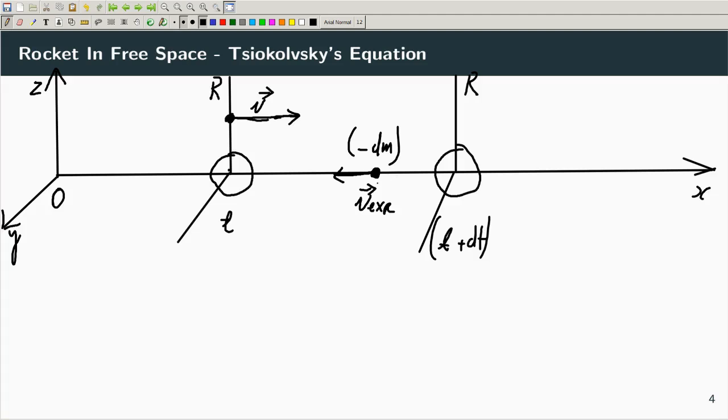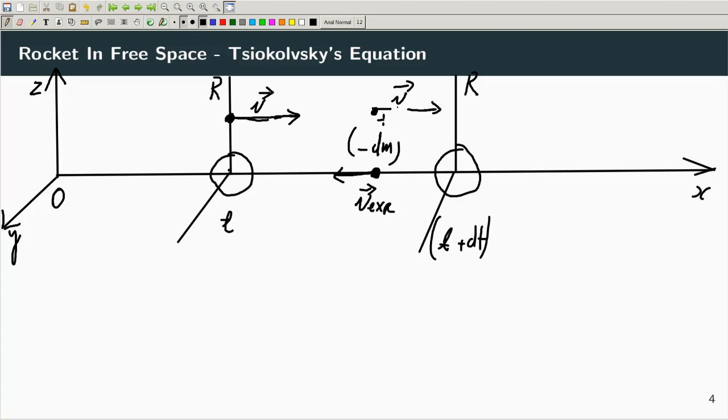The exhaust mass dm in our frame of reference has an initial forward velocity, from being in the rocket, plus its new velocity away from the rocket. So it has an initial forward velocity v in our inertial frame of reference, plus the exhaust velocity in reference to the rocket frame of reference.